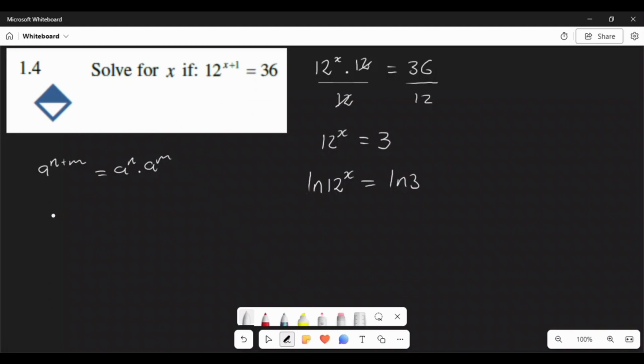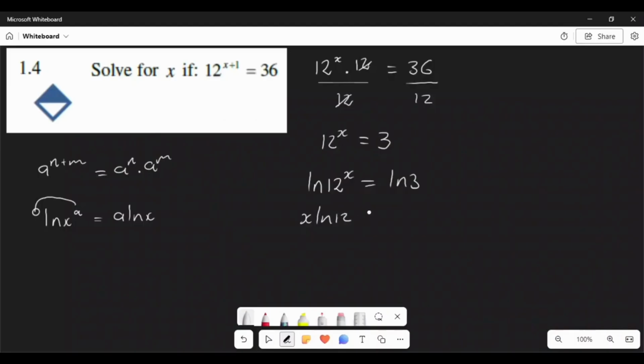There is another rule for natural log, which is similar to logs, where you have natural log of x to the power of a. We can say this equals a times natural log x, where we take this exponent to the front. That's what we did here. We can do the very same thing here. We can say x times natural log 12 is equaling natural log 3.